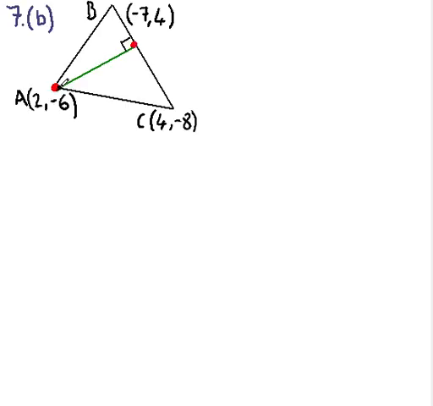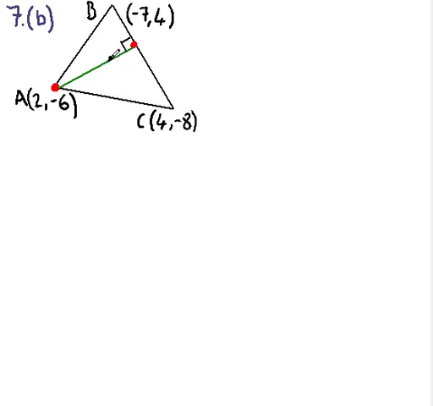So the line goes from point A and it meets the line BC at right angles, which is not generally where the midpoint is. Because this side and this line, the altitude, meet at right angles, that means they're perpendicular.